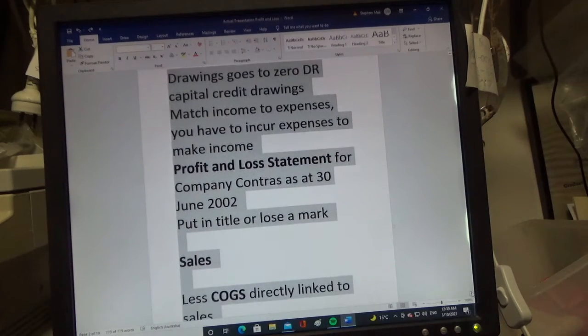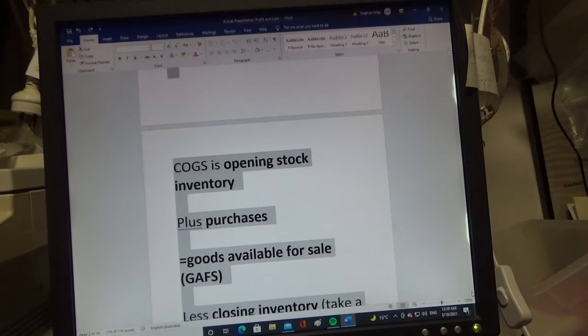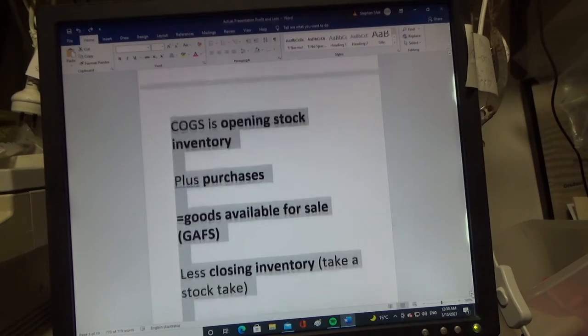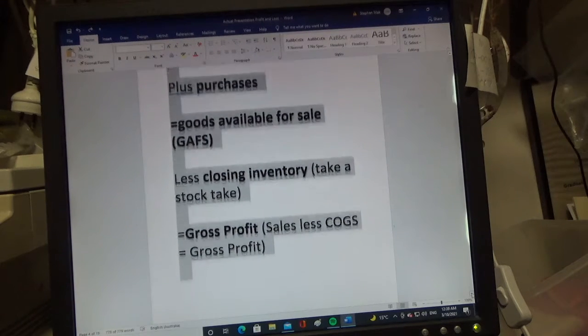Don't forget to put a title or you'll lose a mark, and label these items clearly, and don't forget your subtotals of things such as COGS and total operating expenses, total marketing expenses, total financial expenses.